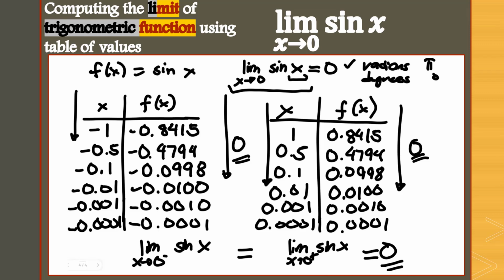As mentioned earlier, if you try degree measurement in your calculators, or even try the common angles such as pi over 2, pi over 4, pi over 3, pi over 6, we will have the same trend as the limit of the trigonometric function gets closer to 0 as x approaches 0. We're using this table of values to illustrate this so that we could use this further in our future endeavors.